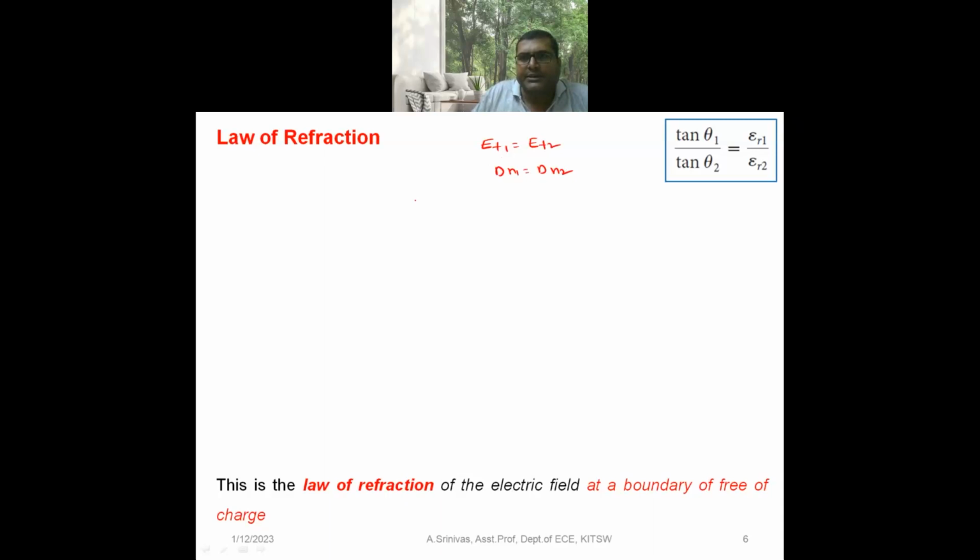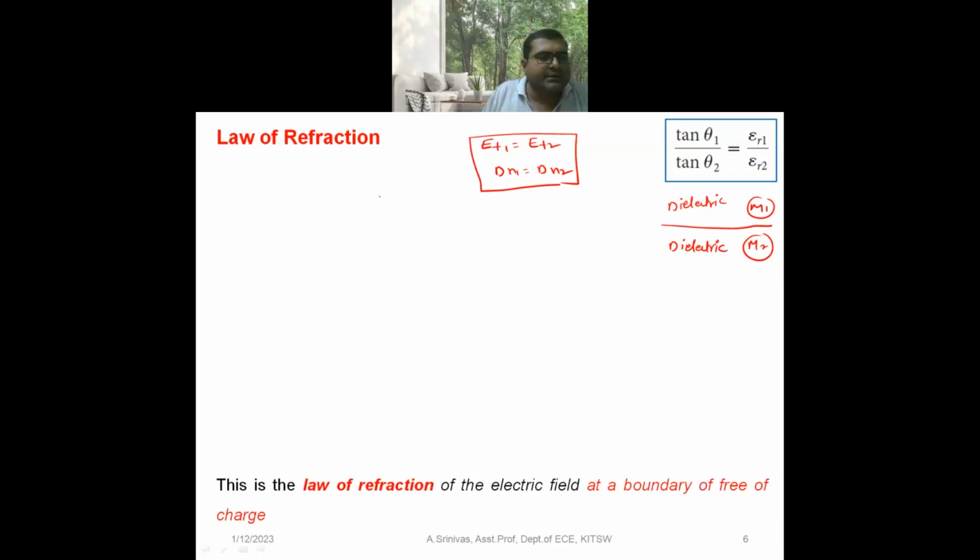If medium 1 is dielectric and medium 2 is also dielectric, then these two conditions will be satisfied. They are Et1 is equal to Et2, Dn1 is equal to Dn2.